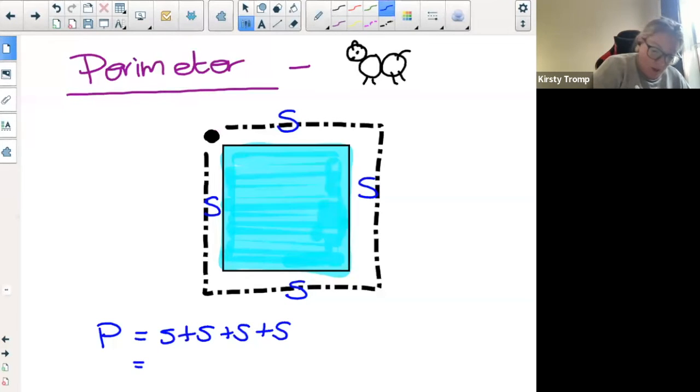Or I could say it's equal to 4 sides. So P to the ant, perimeter, that's a square. I'm looking at my sides. I've got 4 sides. Side plus side plus side plus side equals 4 sides. Or, just like Mulalo's told us in the chat, you can also say 4 times S, which is the same thing. P to the ant, perimeter.